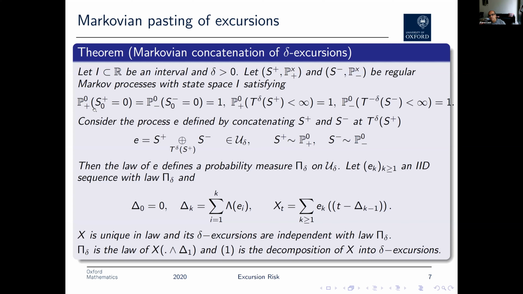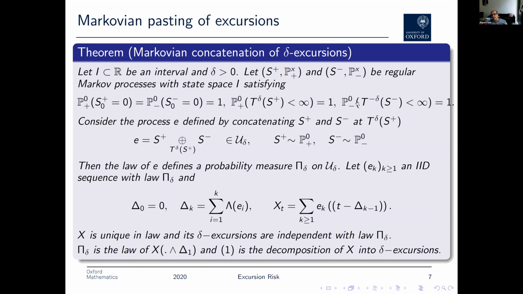More precisely, I want S plus to go from 0 to delta, and I want S minus, if I start it at 0, to go from 0 to minus delta, so that when I add them, they go back to 0. So this is the only assumption: the probability of reaching delta from 0 for S plus is 1, and the probability of reaching minus delta from 0 for S minus is 1. So you always reach these levels in a finite time.